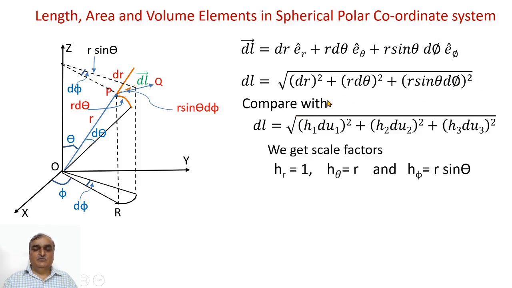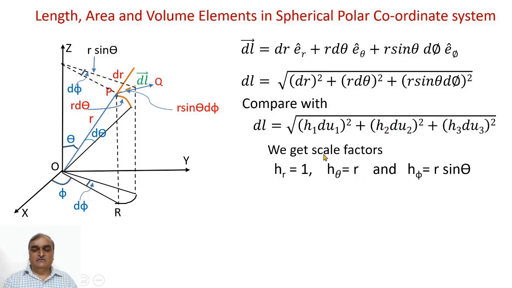If we compare it with the length element in the general curvilinear coordinate system, an expression we have already derived, then comparing these two expressions, du1 is equal to dr, therefore h1 is equal to 1. du2 in the spherical polar coordinate system, u2 is equal to theta, therefore du2 is equal to d theta, and h2 is equal to r.